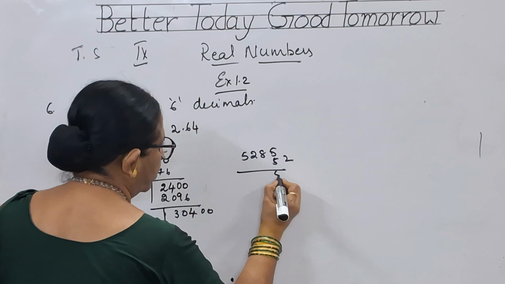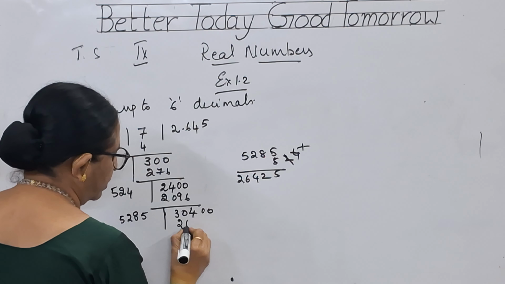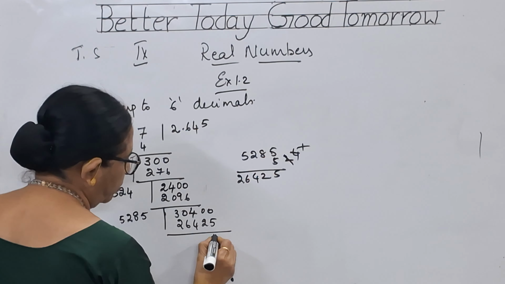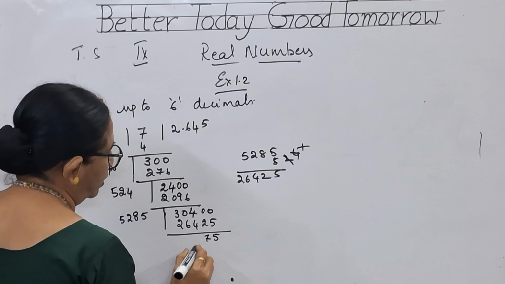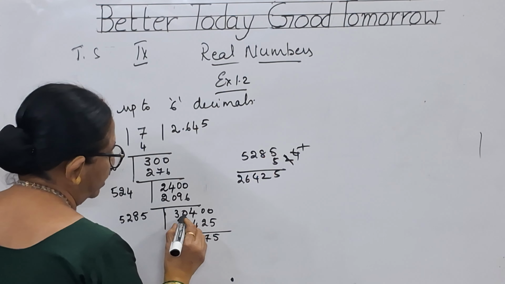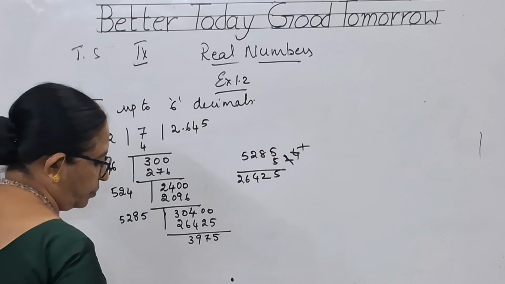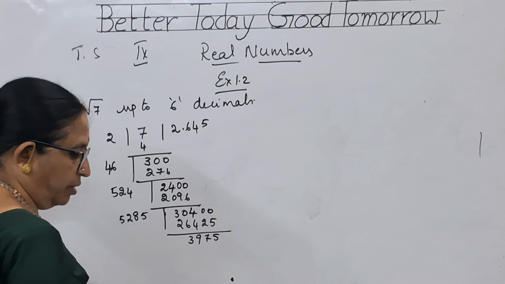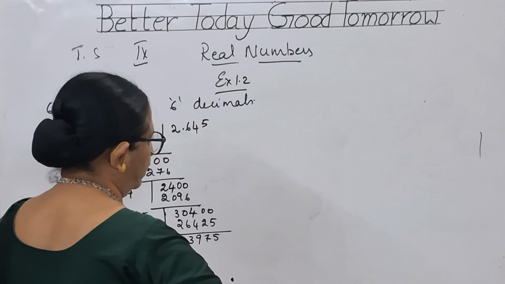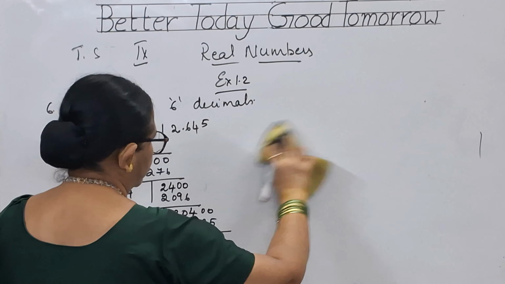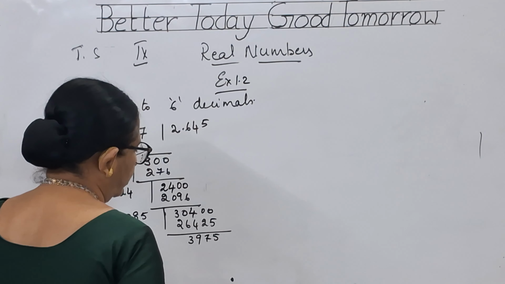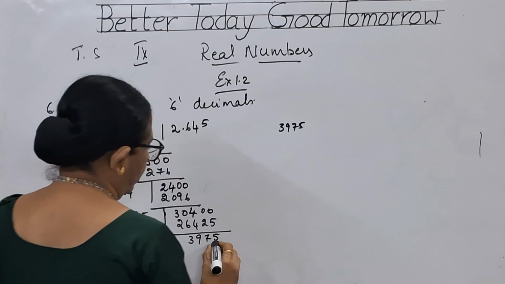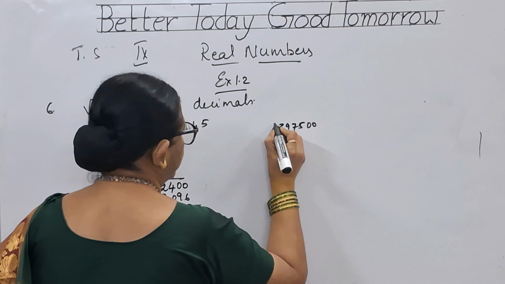Definitely it is smaller. 2 6 4 2 5. So you are getting 5 here, 7 here, 9 here, 3 here. 3 9 7 5. Let me take that 3 9 7 5 in the next line because the place is not sufficient for me. And of course I need to take 2 more zeros.